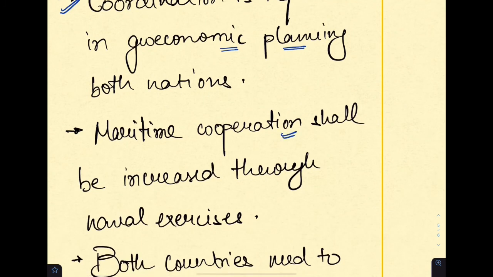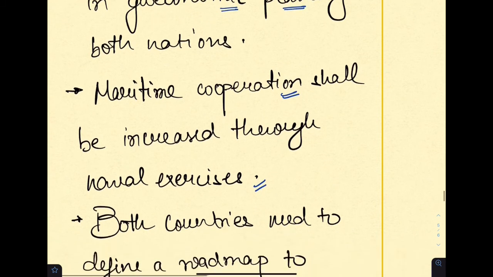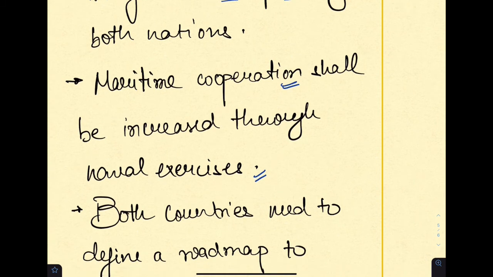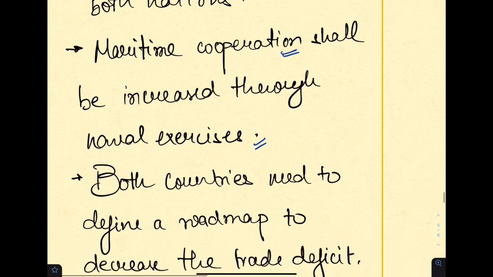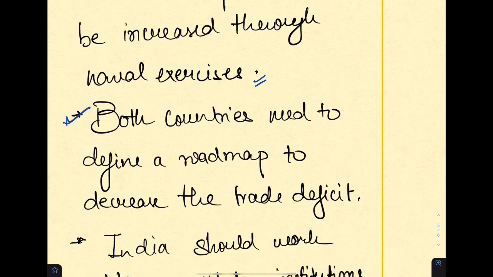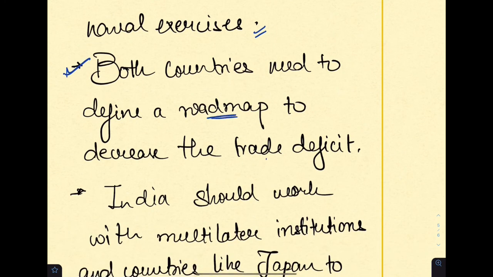Maritime cooperation should be required because both are trading nations, India and China both. So maritime cooperation is required. Naval exercises should be there between the navies of both nations. Both countries need to define a roadmap to decrease the trade deficit.